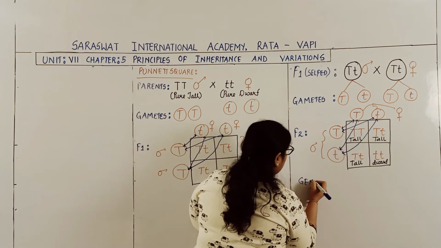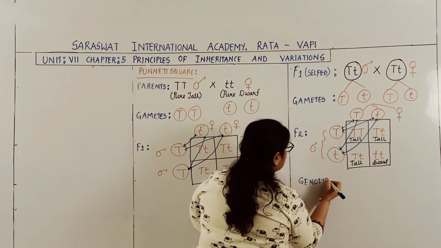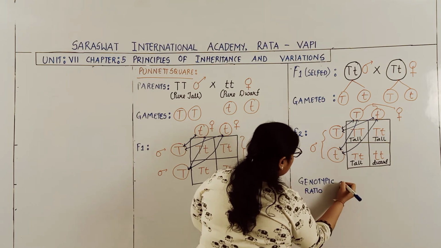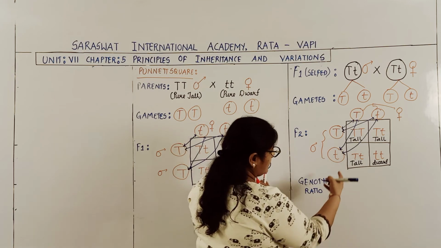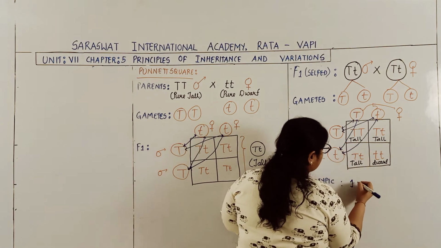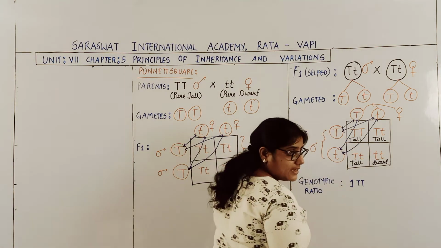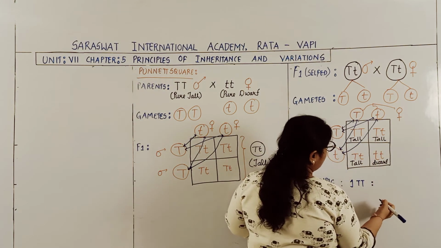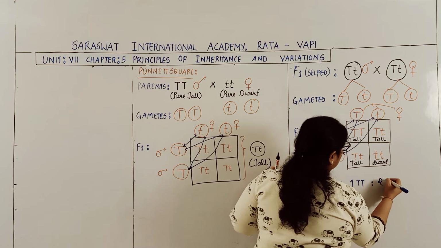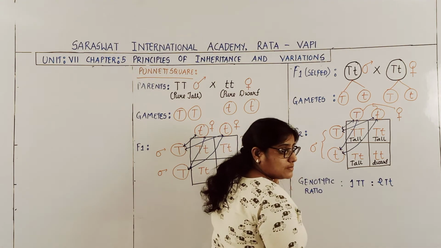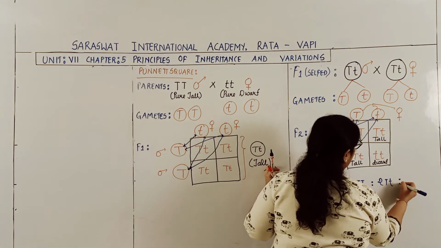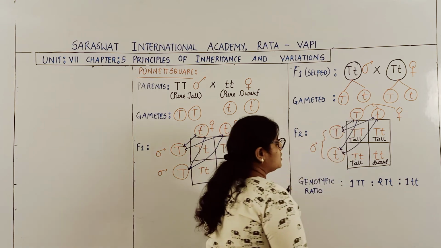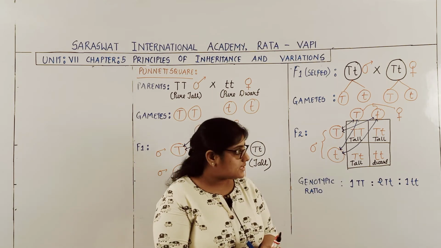Now see, what is the genotypic ratio? So here you can see that one plant is capital T, capital T, these two plants are capital T, small t, and one plant is with the genotype small t, small t.